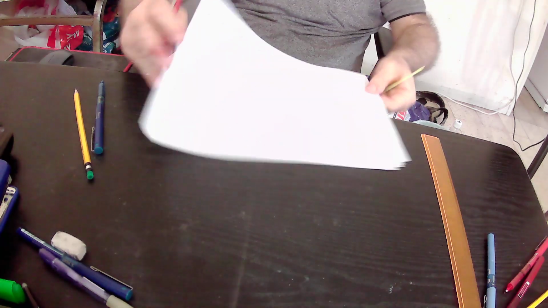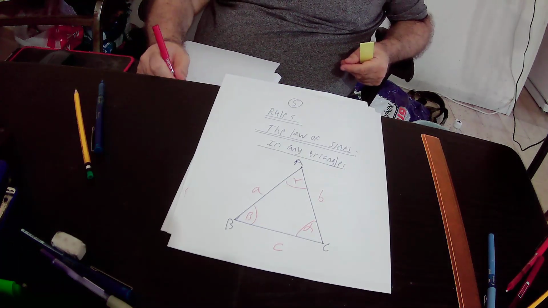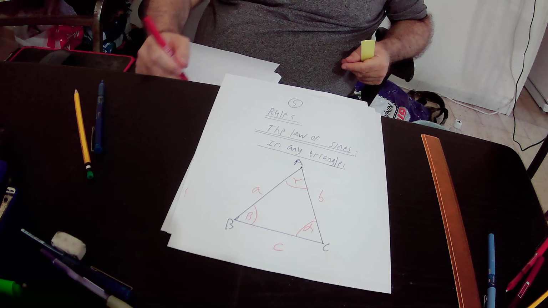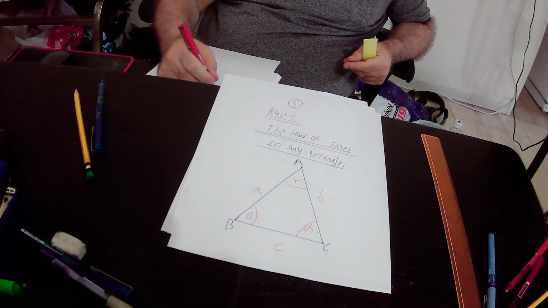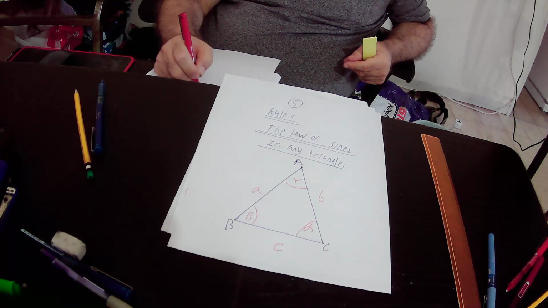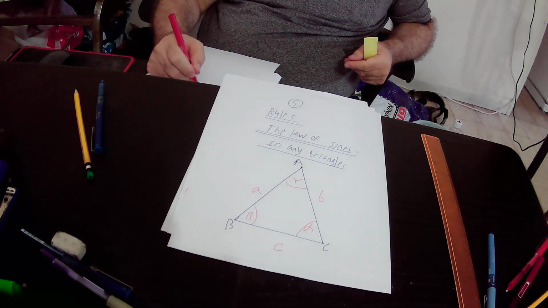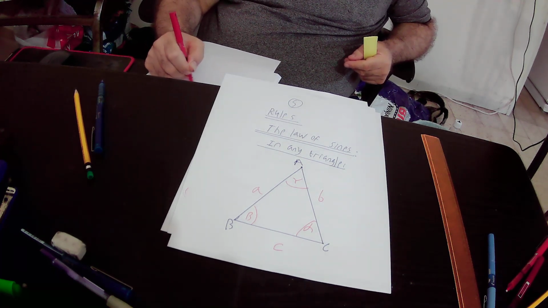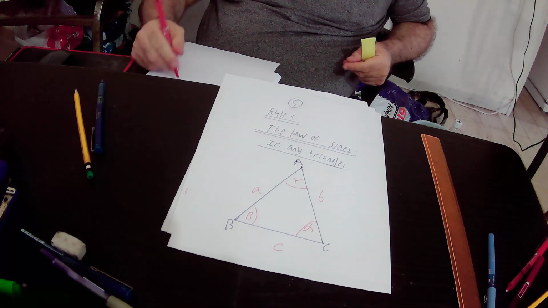Then, according to the law of sines, A over sine alpha equals B over sine beta equals C over sine gamma.